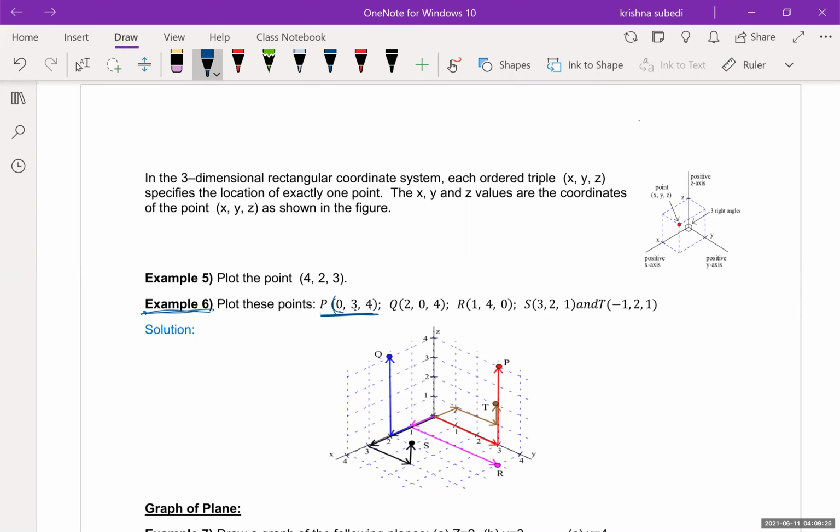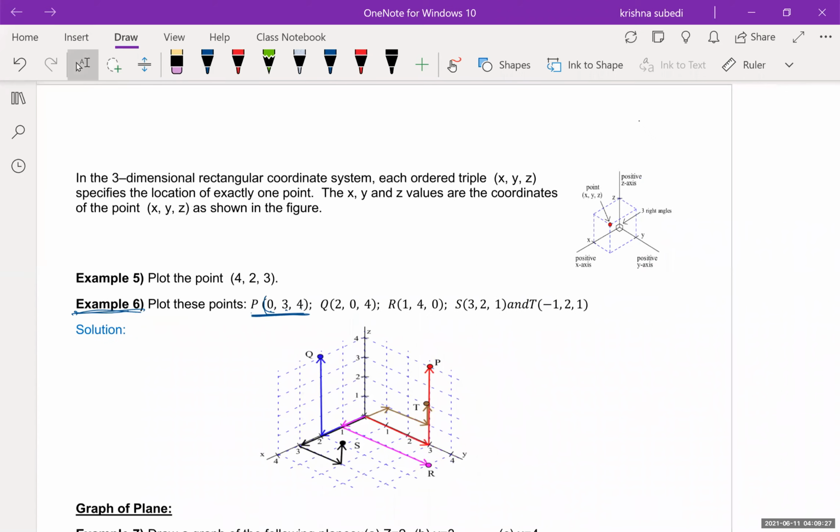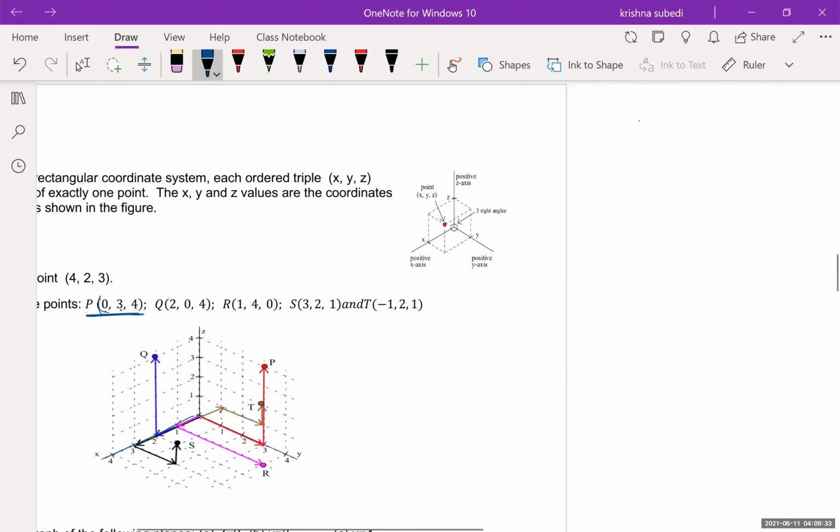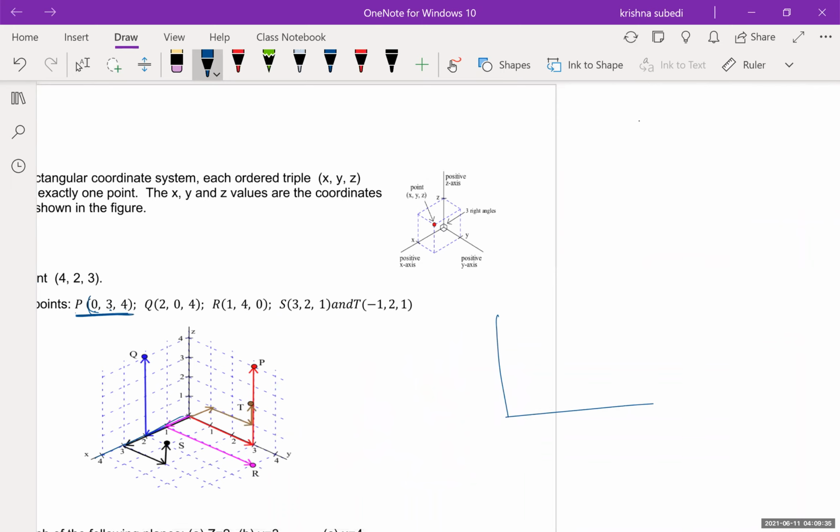You know that in 3 dimensions, this is your X. Let me draw here. X, Y, and Z. So similar to the 2-dimensional rectangular coordinate system, you have positive X this side, and then negative X this side.